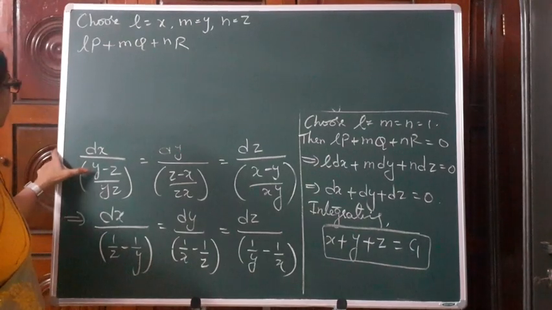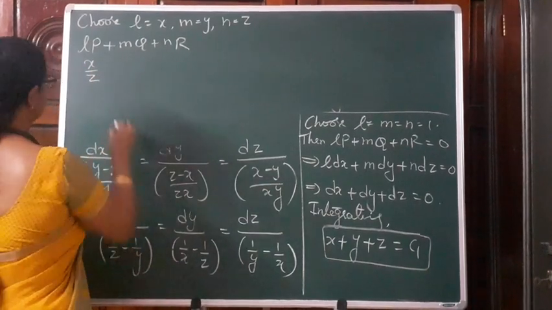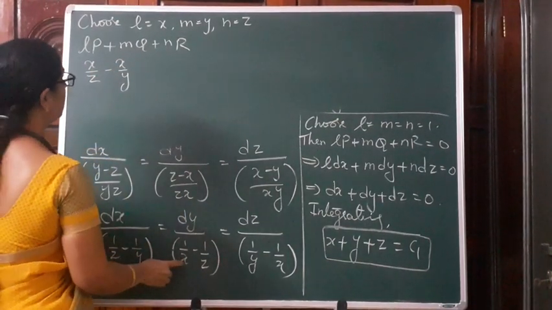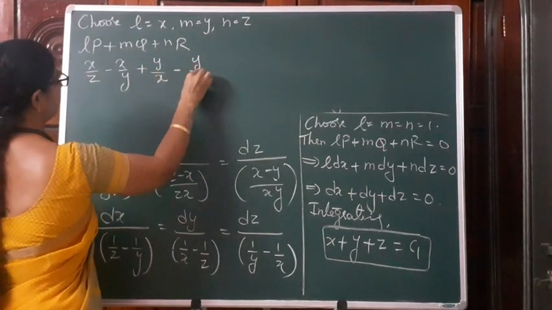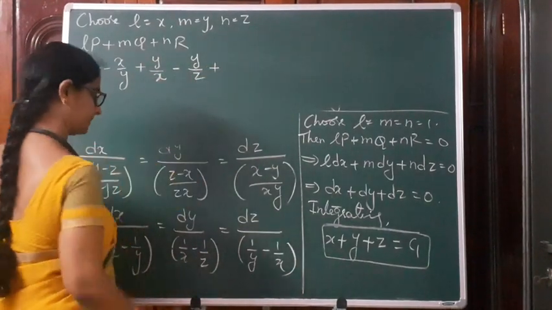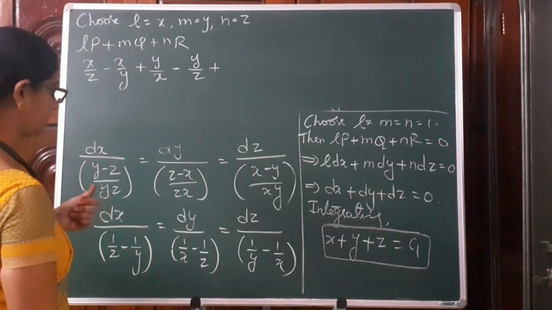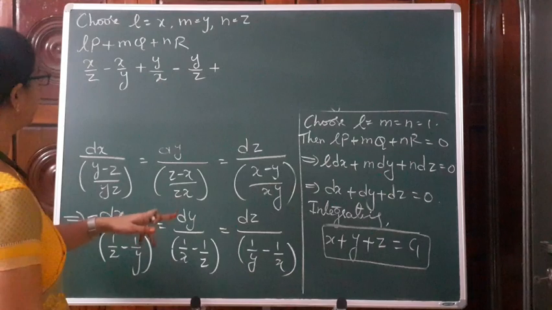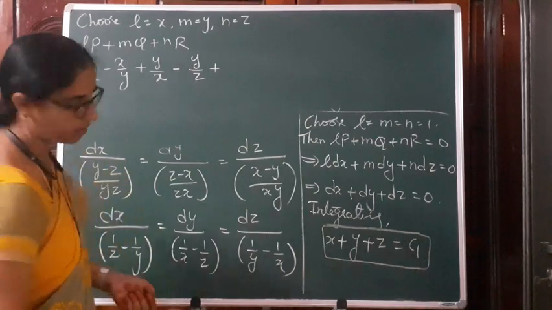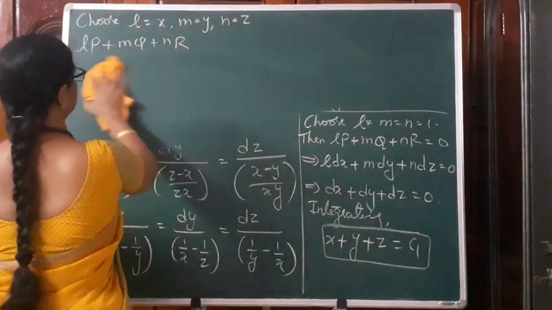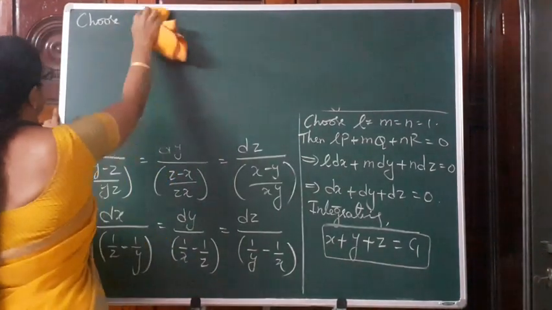LP plus MQ plus NR gives x by z minus x by y, plus MQ, that is y by x minus y by z, plus z by y minus z by x. So the terms are not getting cancelled, and we cannot make LP plus MQ plus NR equal to 0. So we have to choose another set of multipliers here.